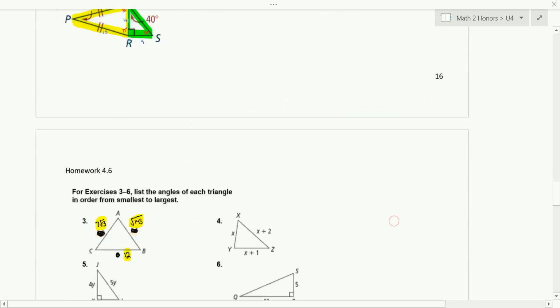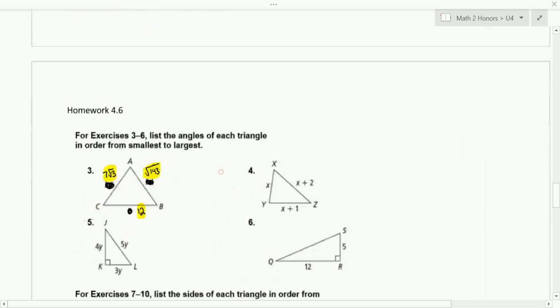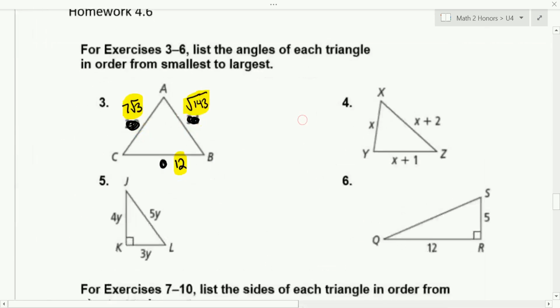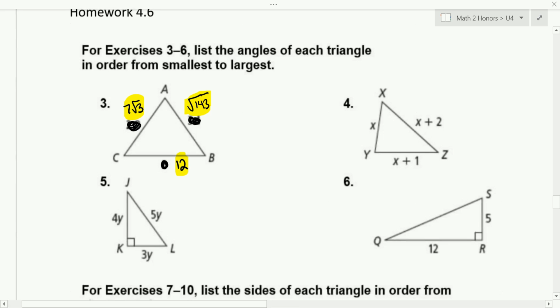For the homework, I've adjusted a couple things. Number 3, for example, you want to change to what I have here: 7 root 3, square root 143, and 12 for your 3 side lengths. When you do your homework, do not use a calculator, unless that calculator is your brain.